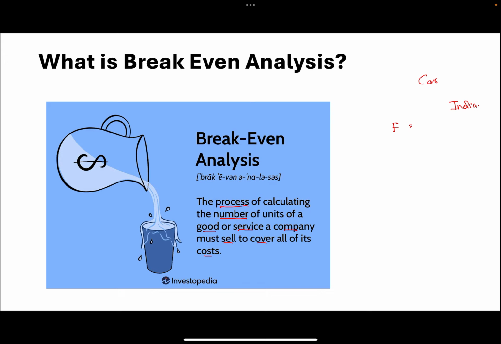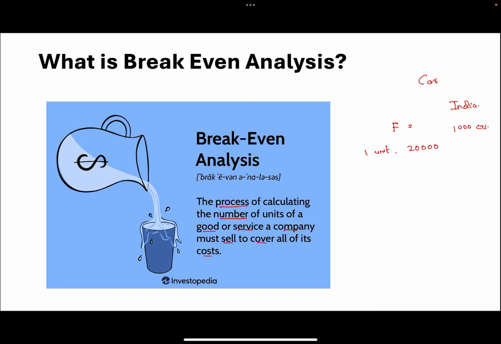So that means they have made a total investment of 1,000 crores. So how many units of vehicle they need to sell to recover that 1,000 crores? For example, if they are selling 1 unit of car for some 20 lakh.